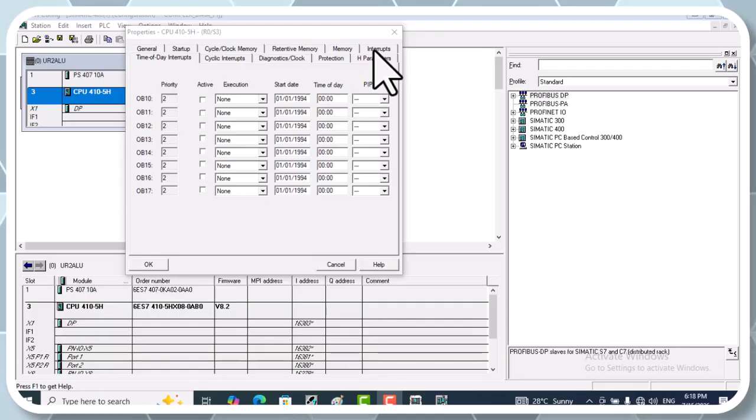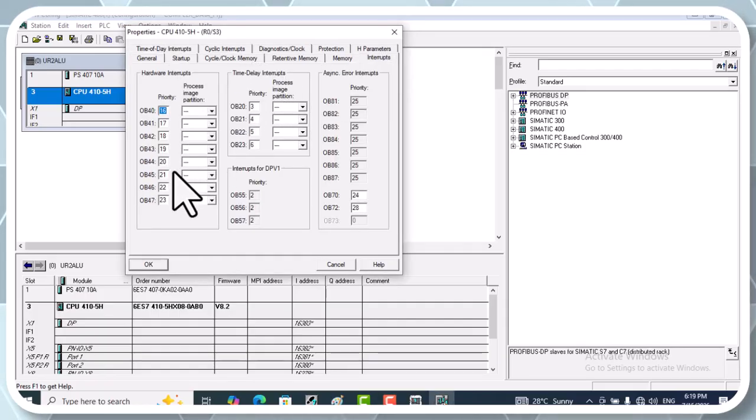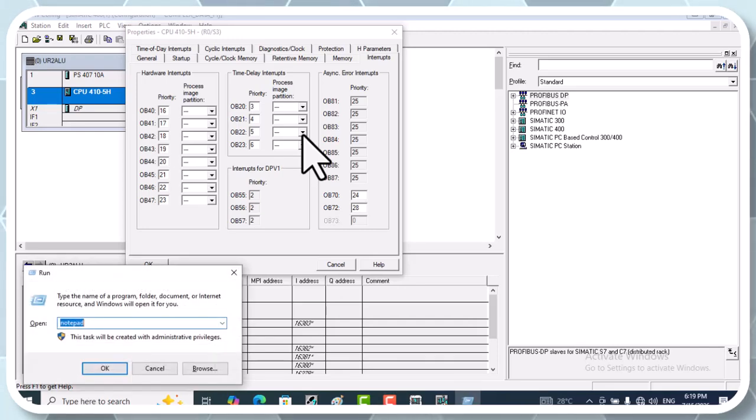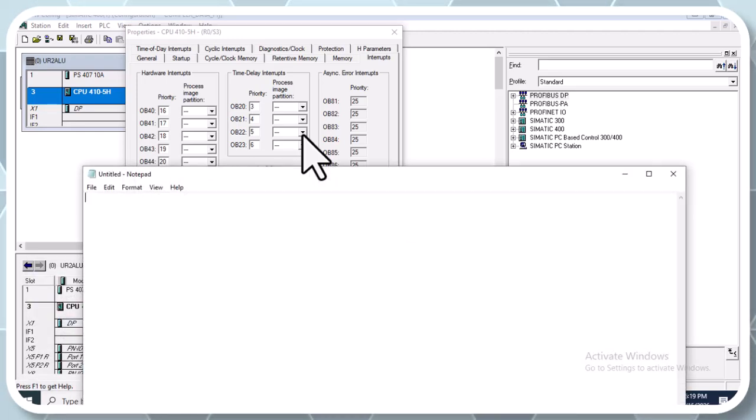The third group is the time delay interrupts group, and here these blocks will be executed by the operating system after the system function SFC32. It executes its last code and finishes or returns some value to the system.